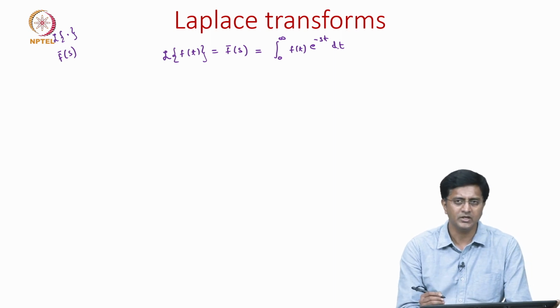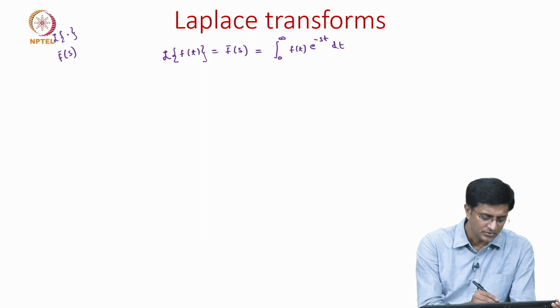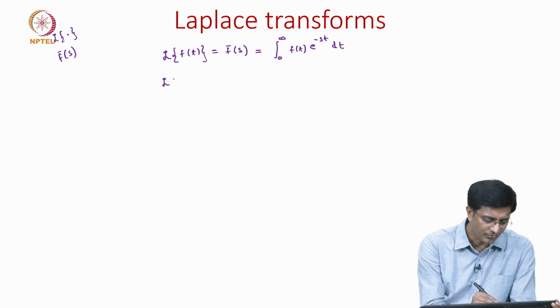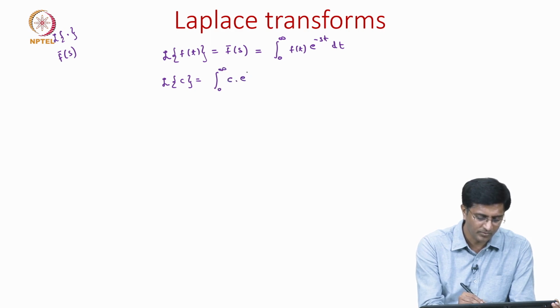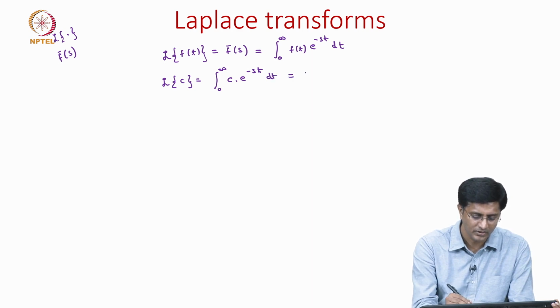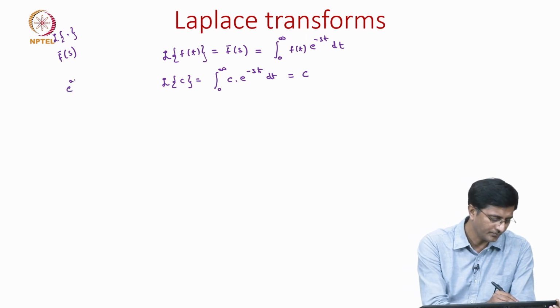With this definition, let us look at one or two examples so that we feel more comfortable about what we are discussing about Laplace transforms. Let us say we are talking about Laplace of a constant c. We now write the integral 0 to infinity the constant times e power minus st dt. We can take the constant out of the integral, and the integral formula for e power at we know. It is simply e power at by constant a.